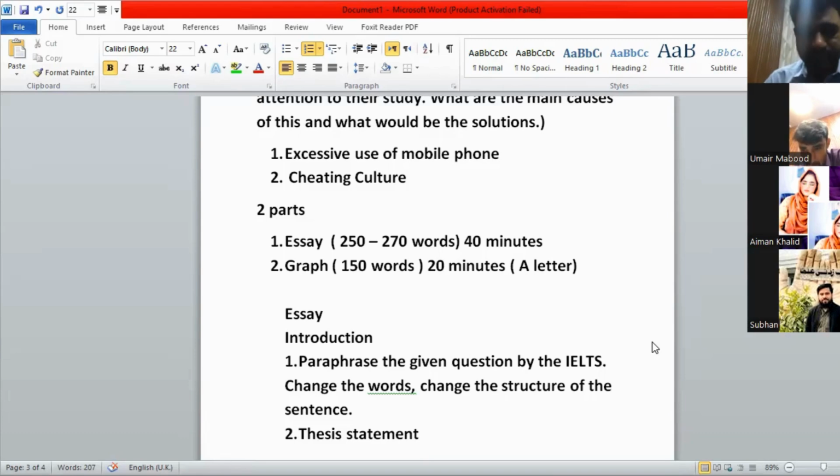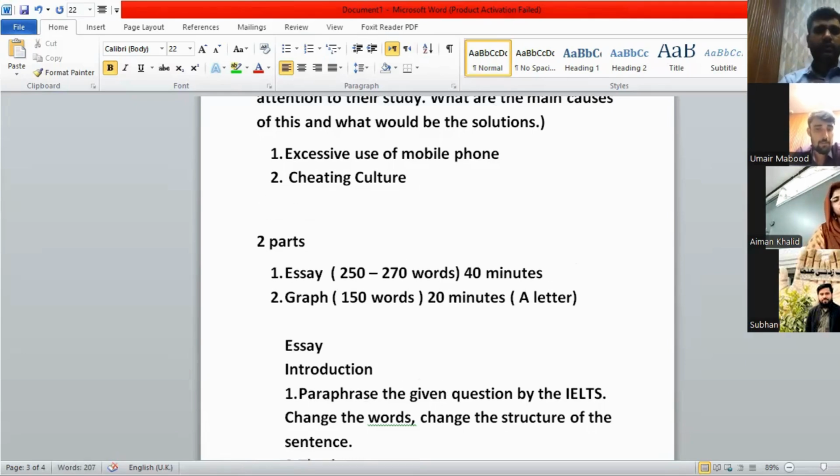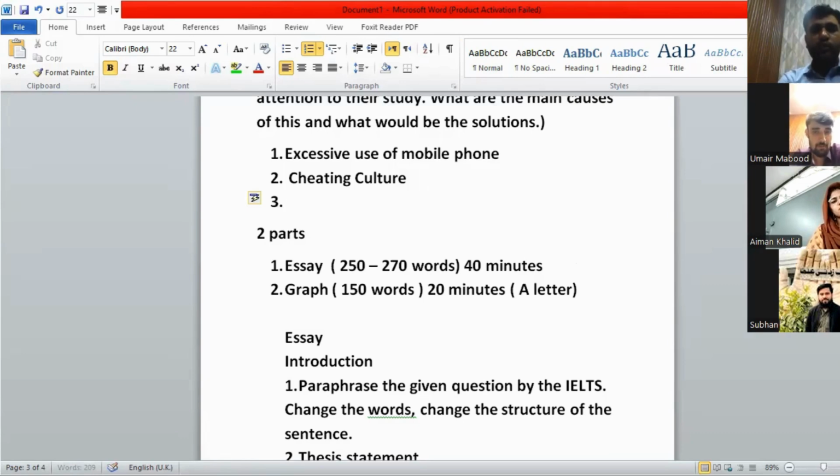All right. So let's suppose these are two causes. Now the solution would be to reduce mobile phones among the students. Can you watch, counseling the students?